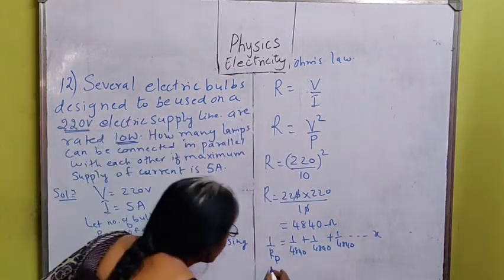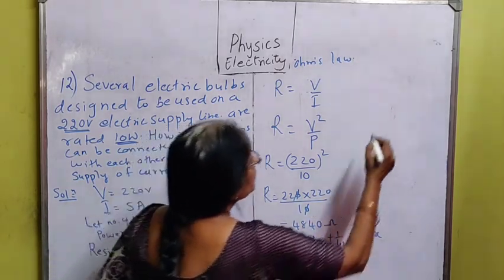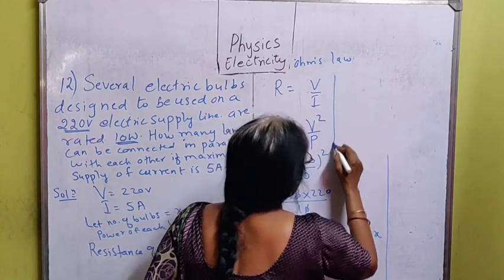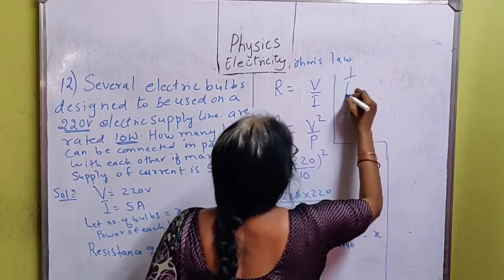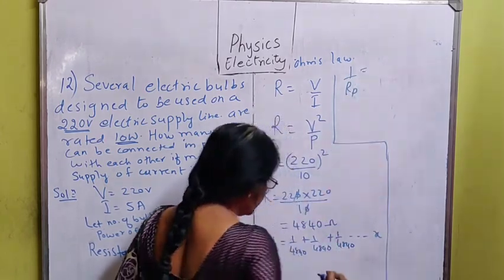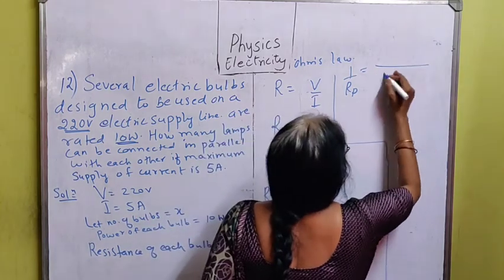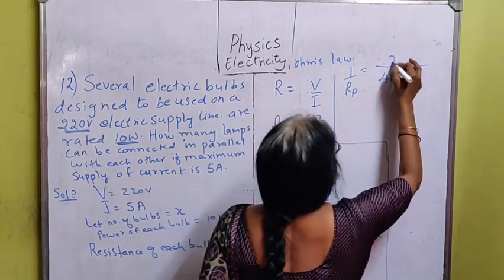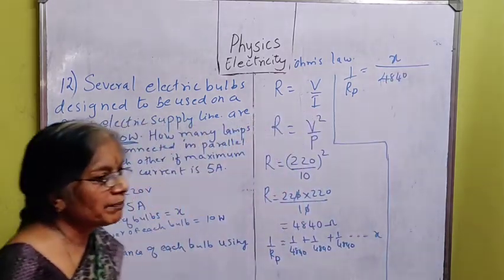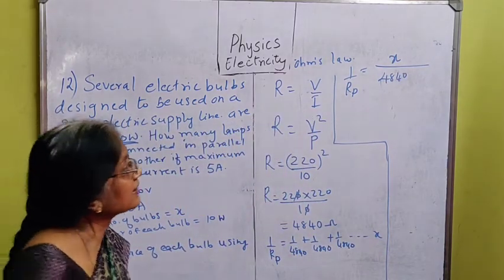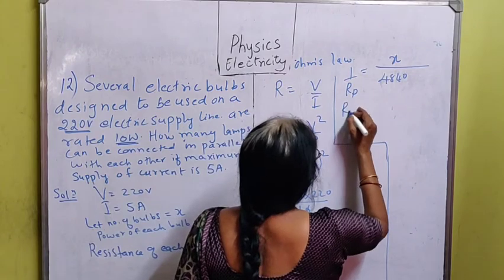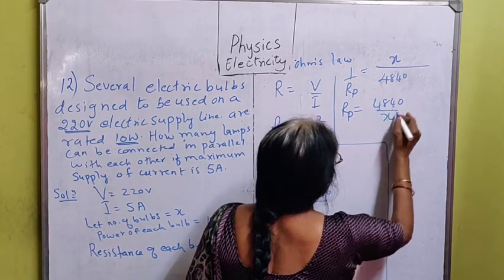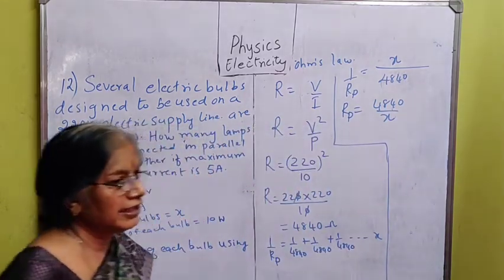So what we will get now: 1 by Rp is equal to, with LCM 4840, 1 plus 1 plus 1 plus 1 up to x times. So Rp is equal to 4840 by x. Very important.